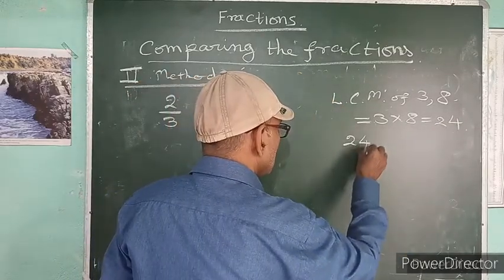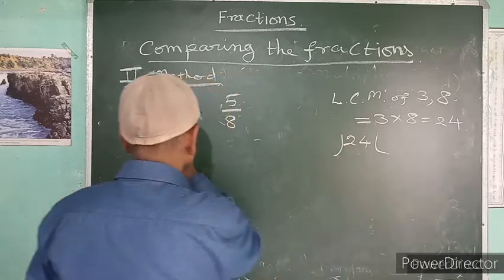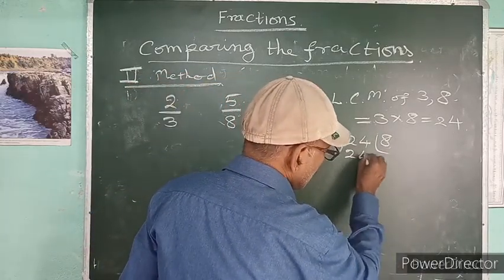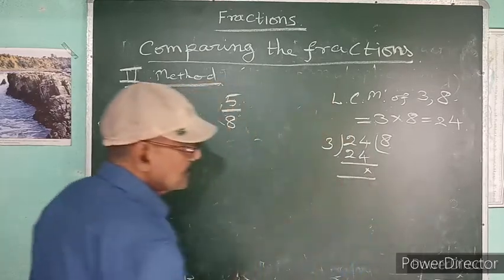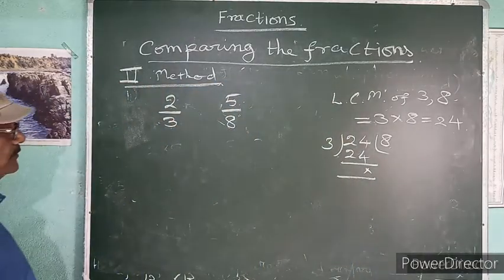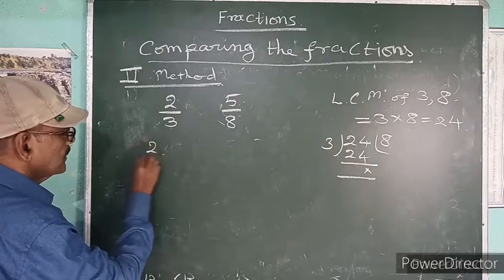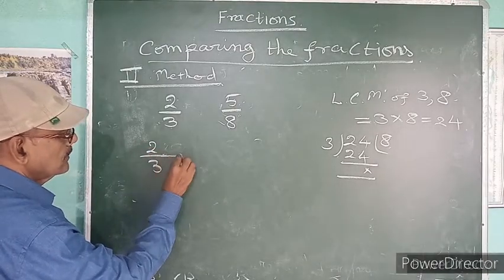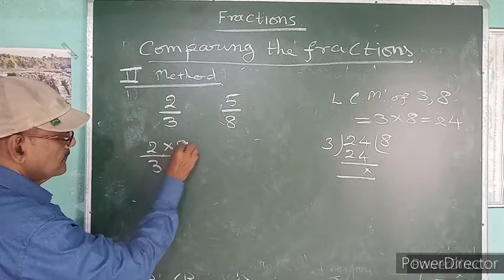Divide 24 by the denominator 3. 3 eights are 24. Multiply the numerator and the denominator by the quotient 8.